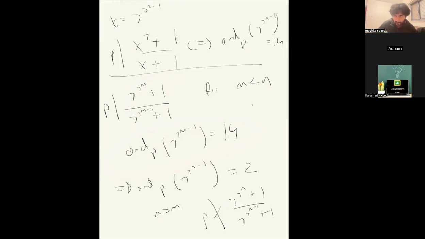Does it make sense? Yes, because I'm just taking powers of 7. When I take one power of 7, the order goes from 14 to 2, and then the order doesn't change anymore. Once the order is 2, it's either 1 or minus 1, and then taking powers of 7 doesn't change anything.